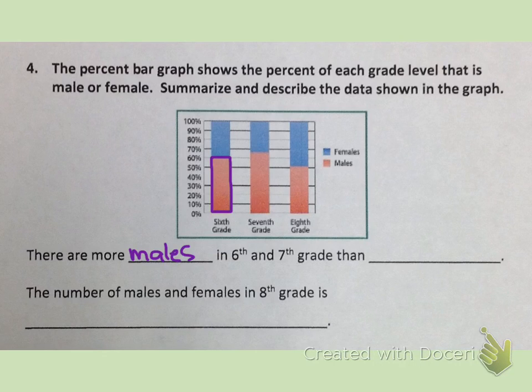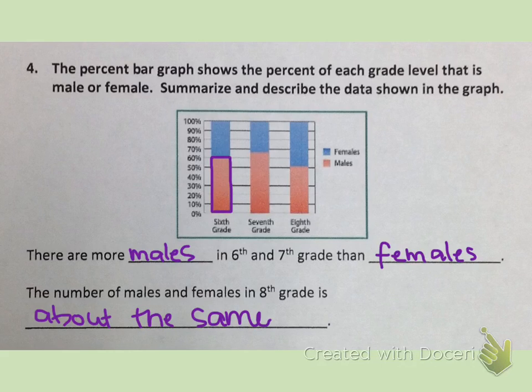Okay, so there are more males in 6th and 7th grade than females. And then I noticed that the number of males and females in 8th grade is about the same. So mostly you're just writing down your observations about the percent bar graph. What do you see? What does it mean?